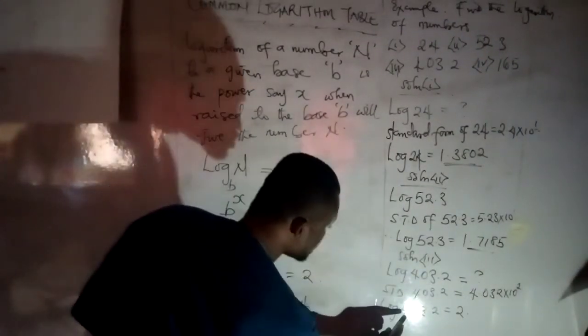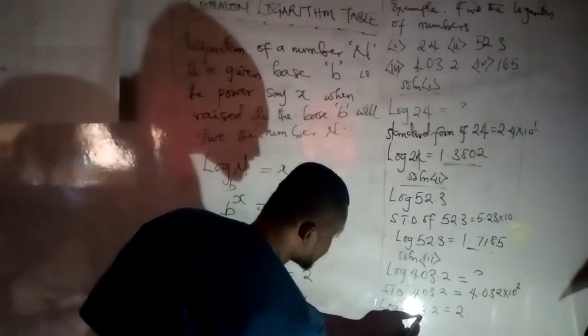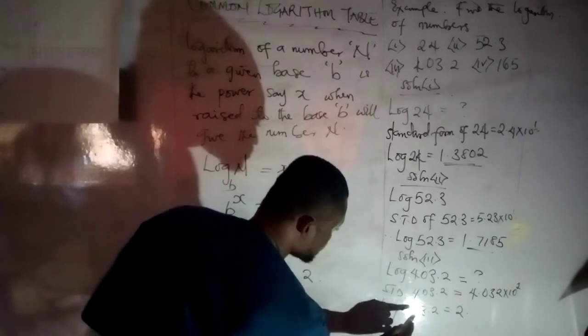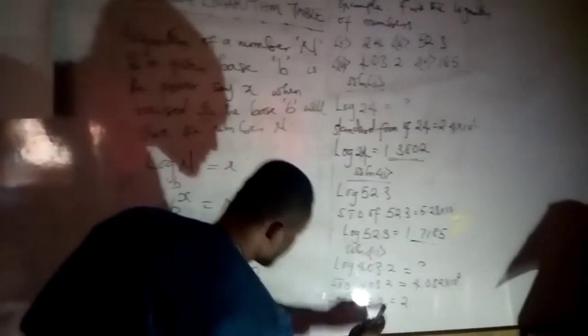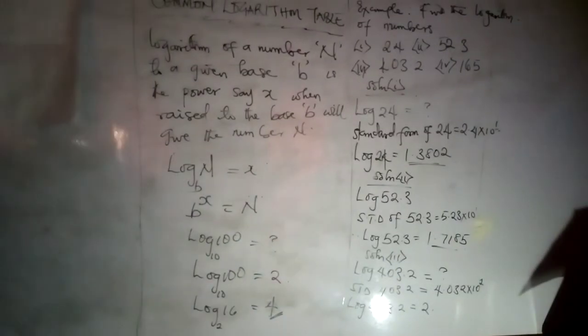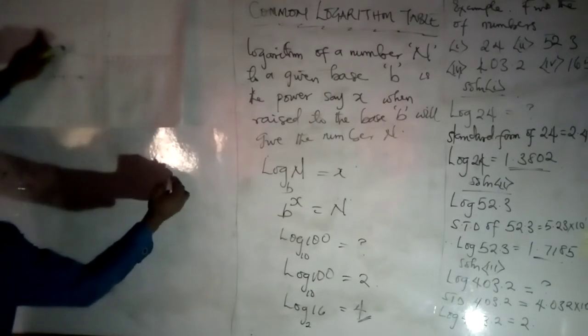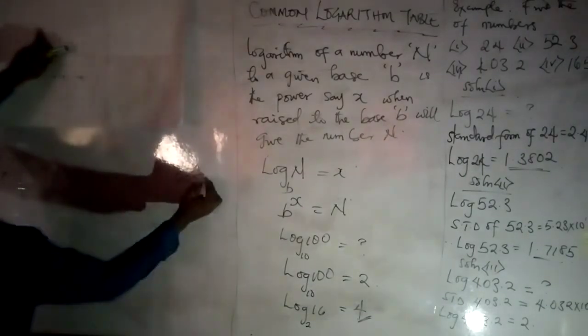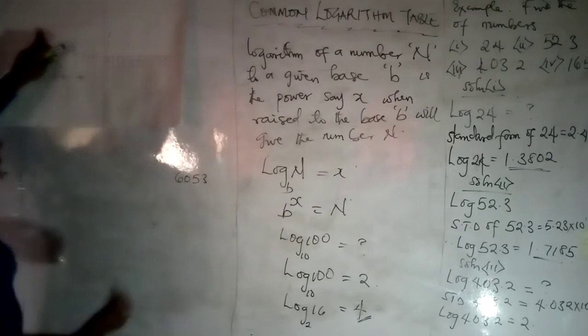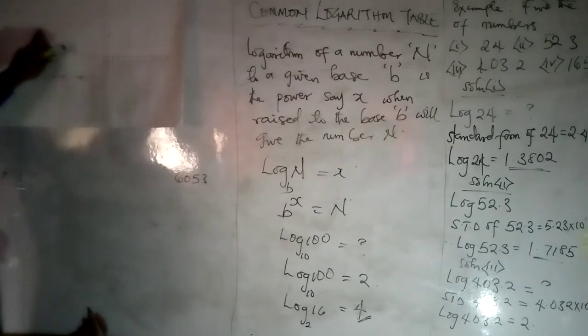Therefore, the logarithm of 403.2 is equal to 2 as the characteristic. Now we are going to look for 40 under 3, with a difference of 2. So we check it. 40 under 3 is 6053. That's 40 under 3.